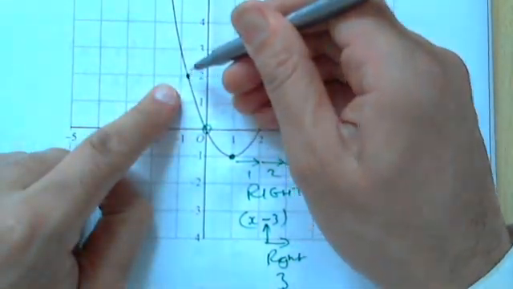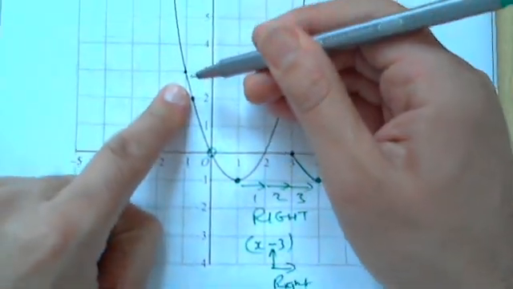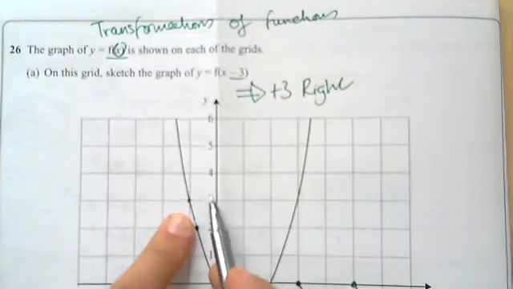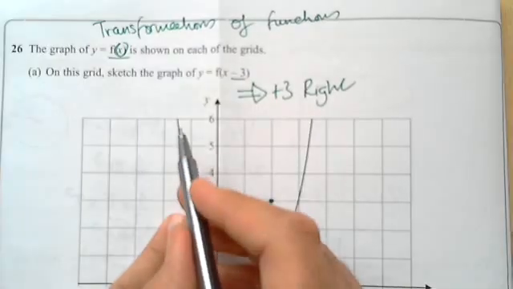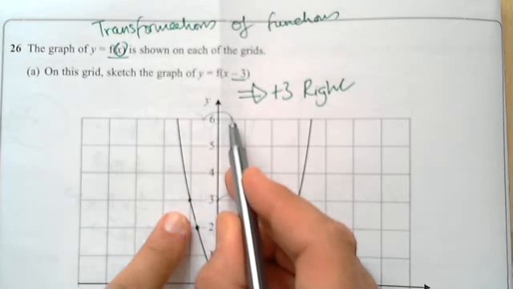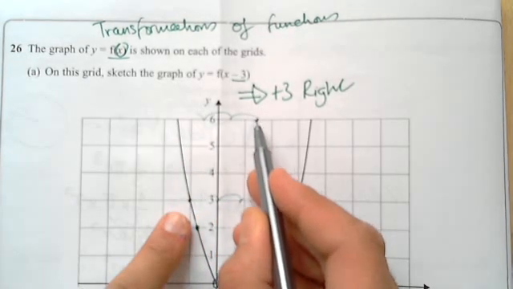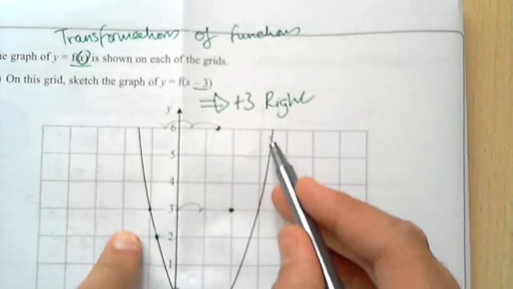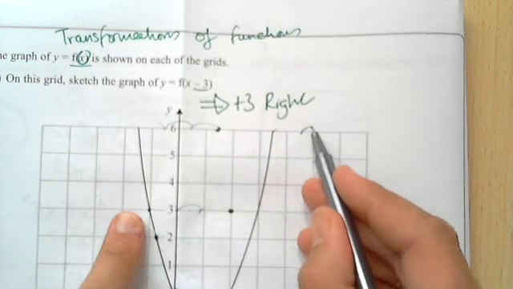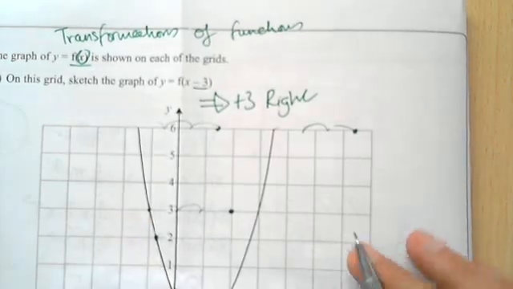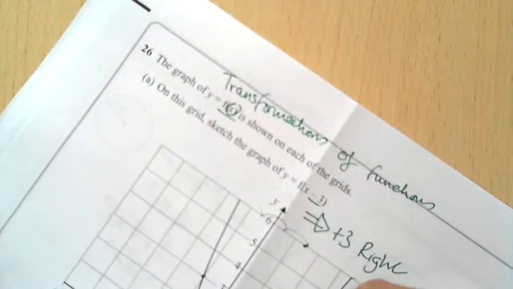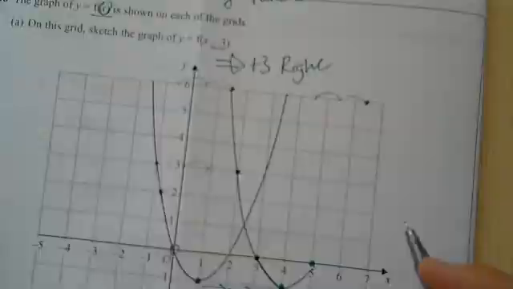Okay, we move this point here by 3, 1, 2, 3. This point here by 3, 1, 2, 3. This point here by 3, 1, 2, 3. So we should be able to redo the graph.